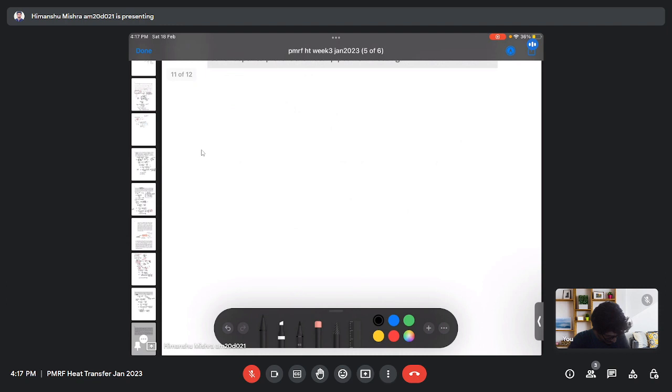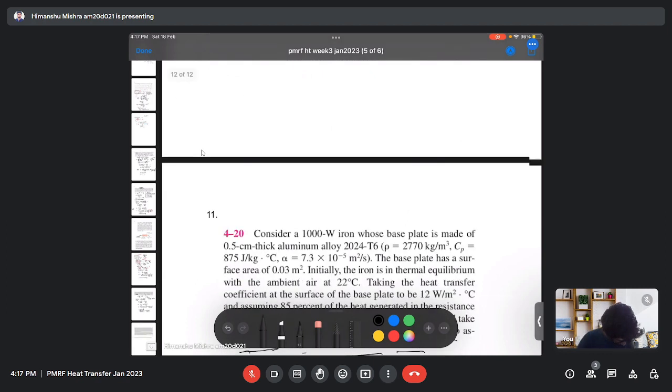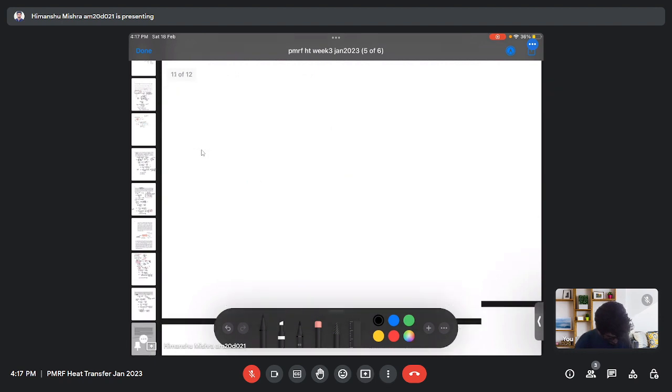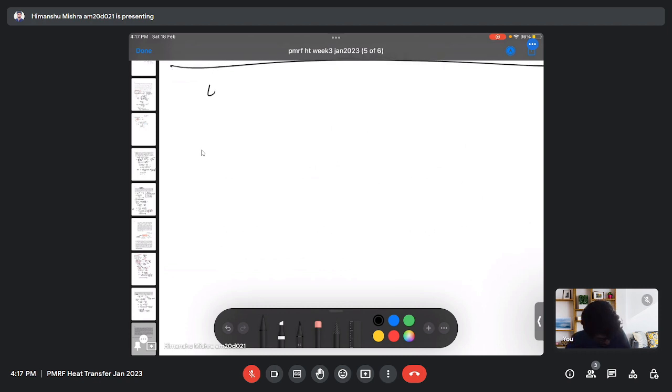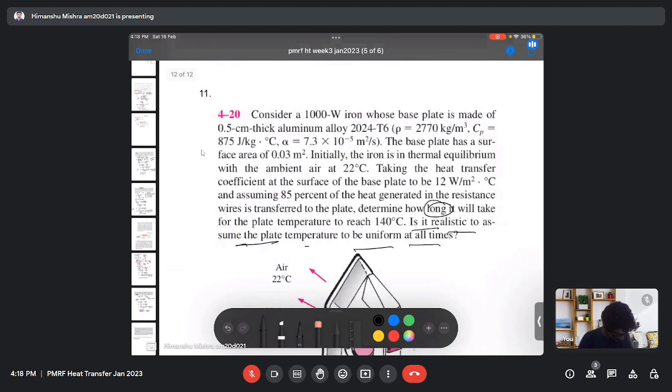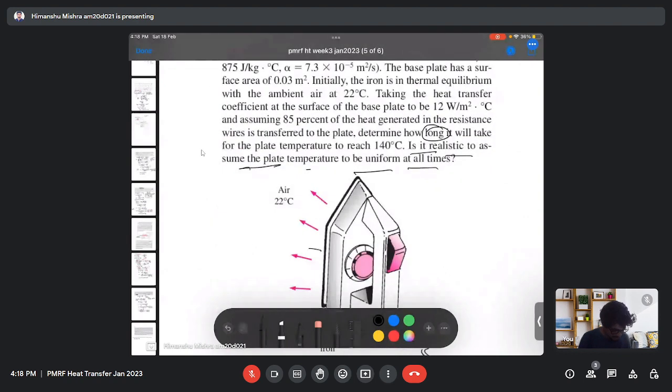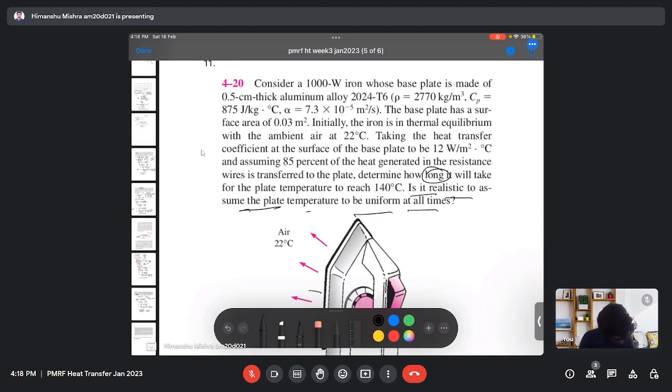Let me use separate space. So this is our energy equation, because there is an energy output from the iron, and there will be some energy incoming also.